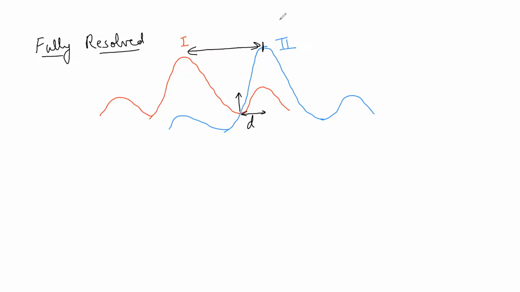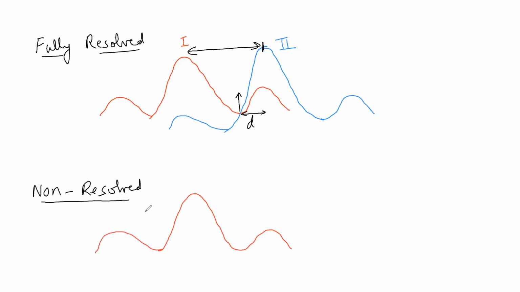If I draw the non-resolved images, similarly, this is for object 1, and overlapping to it the image of object 2, but now it is very close, that is, the peak or the central maxima of the image of the second one is very close to it, something like this. The peaks are so close.